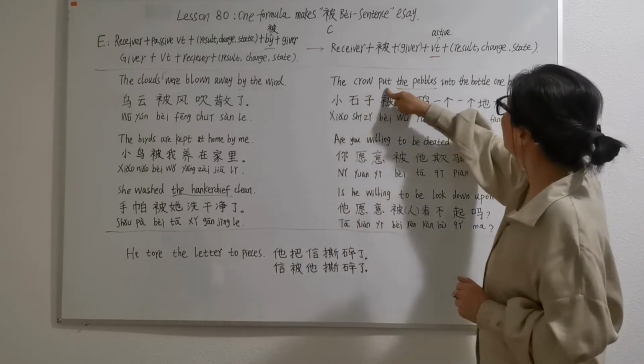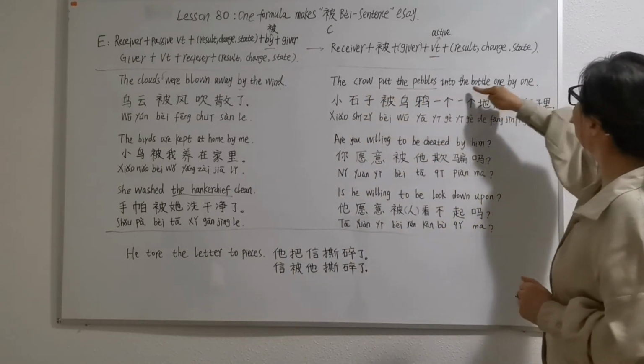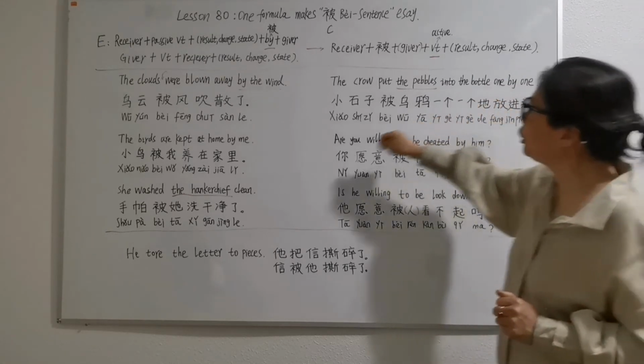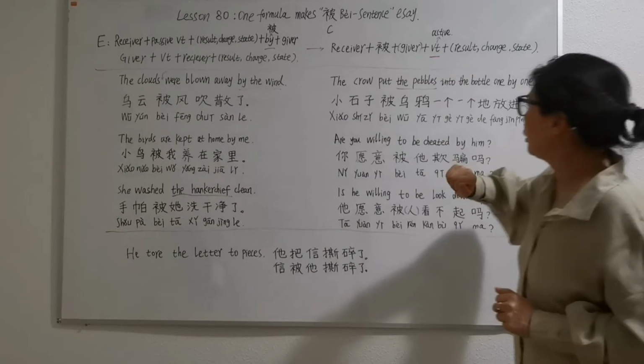The crow put the pebbles into the bottle one by one. So it is the normal sentence.